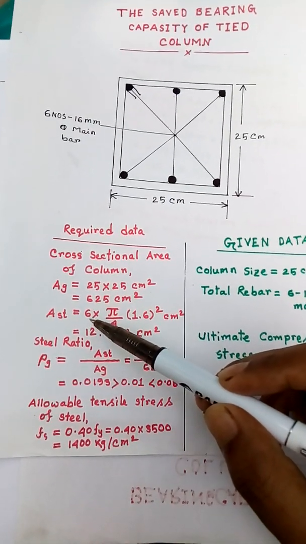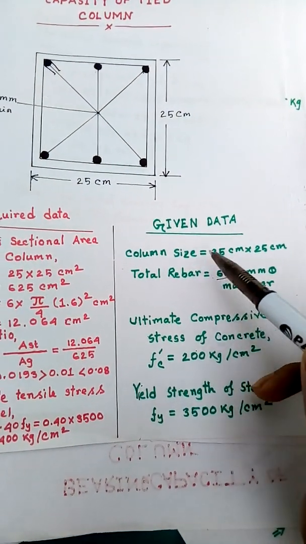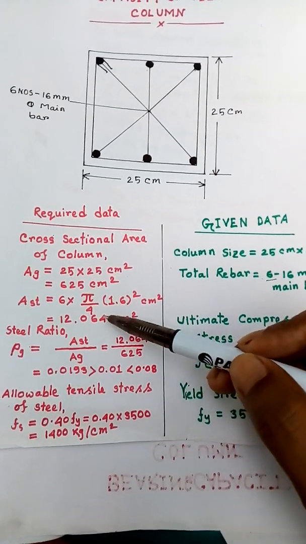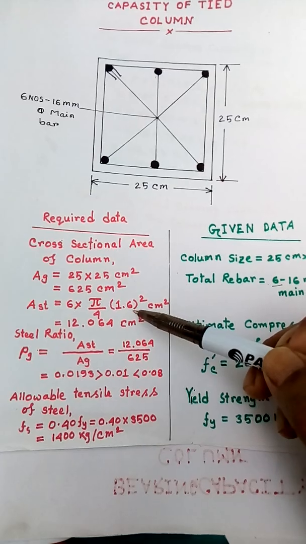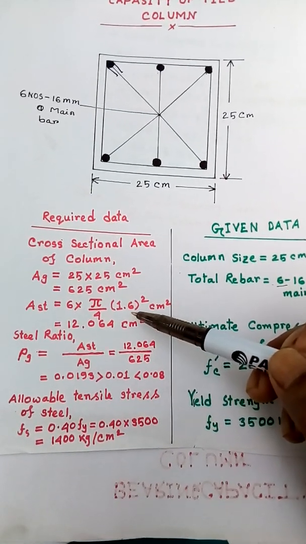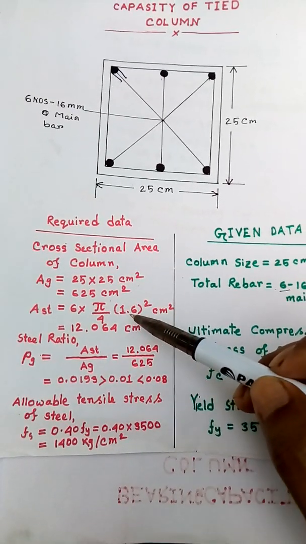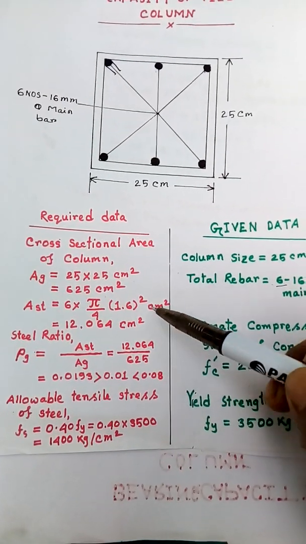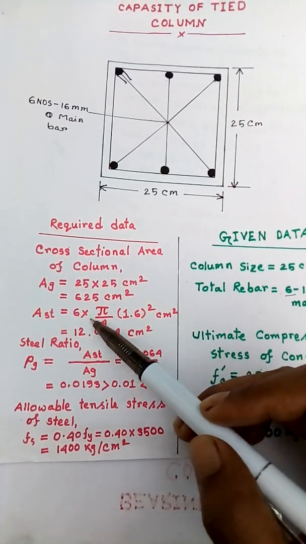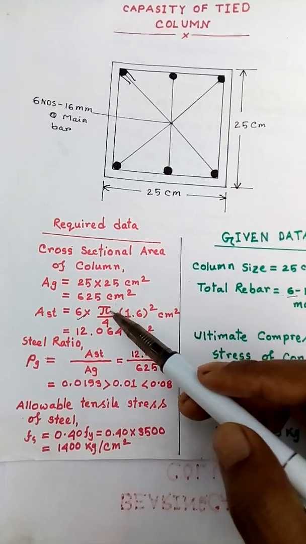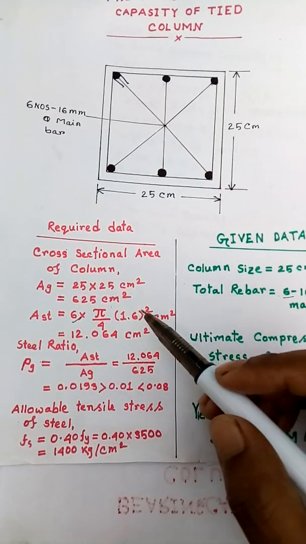Area of steel: total steel is 6 pieces, and the area of one bar with diameter 1.6 centimeter is pi by 4 into 1.6 square centimeter. Then the total area of steel is 6 into pi by 4 into 1.6 whole square.